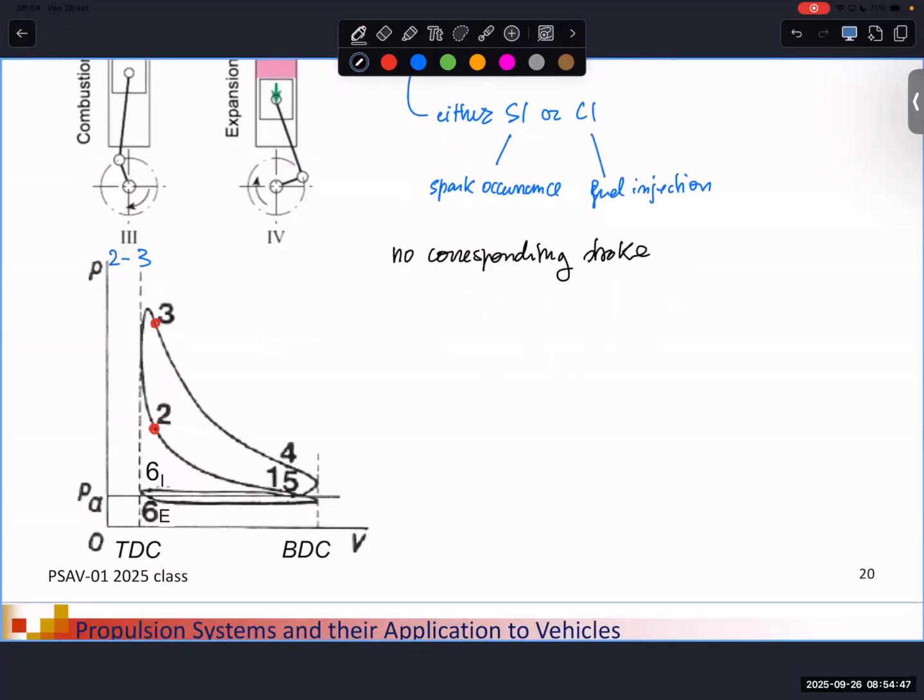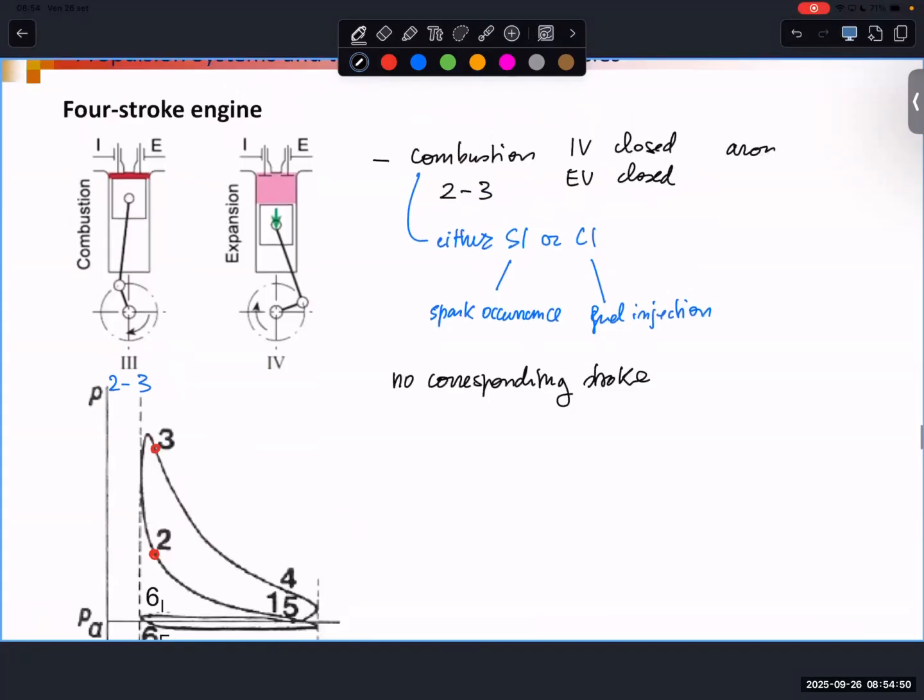So combustion is around TDC and can last for a certain number of crank angle degrees, hopefully not too long.